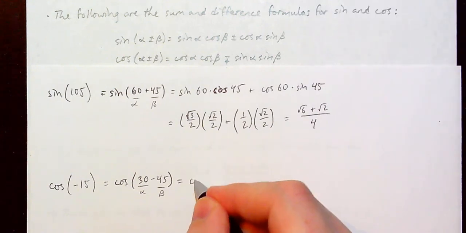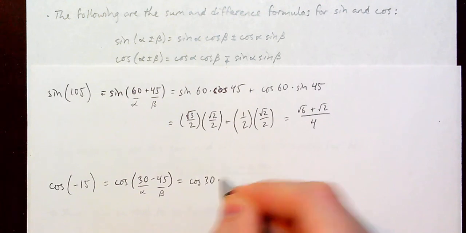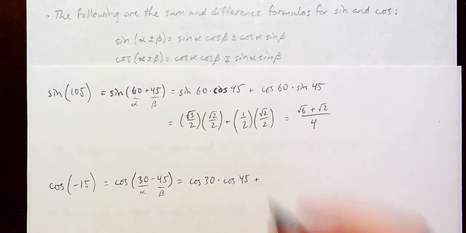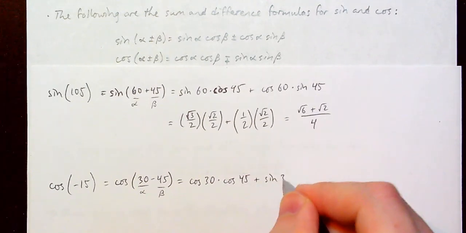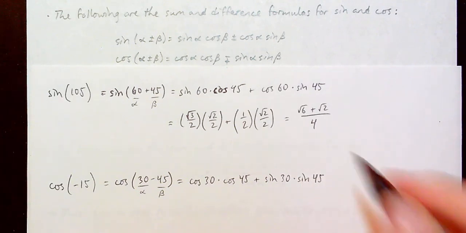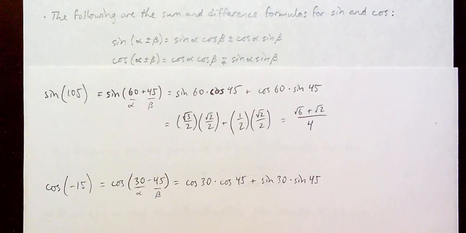So this is going to be cosine of 30 times the cosine of 45 plus sine of 30 times the sine of 45.